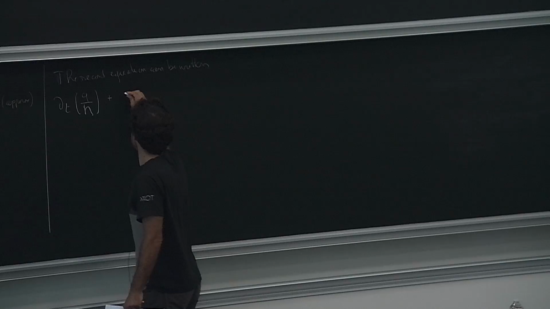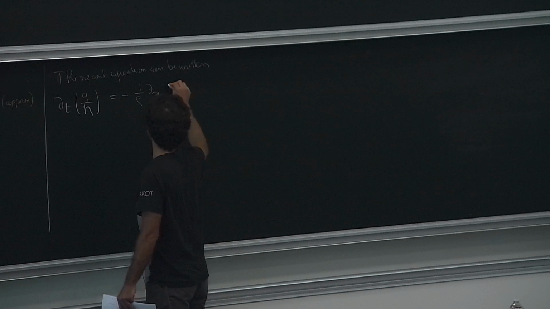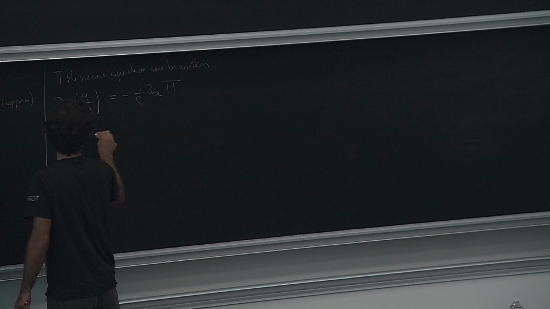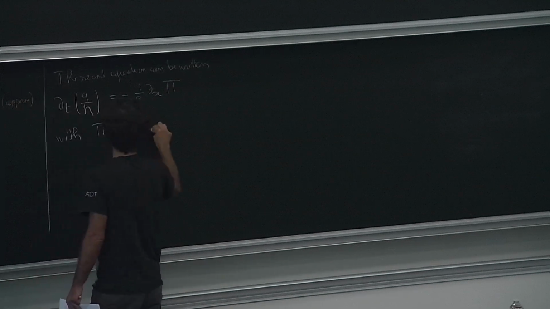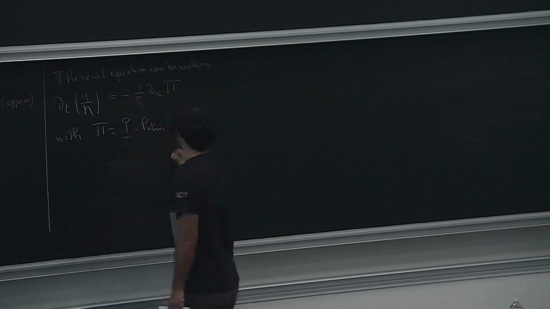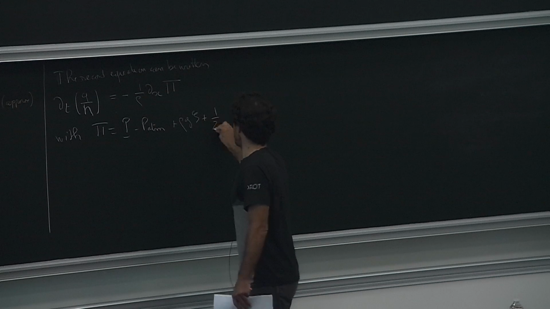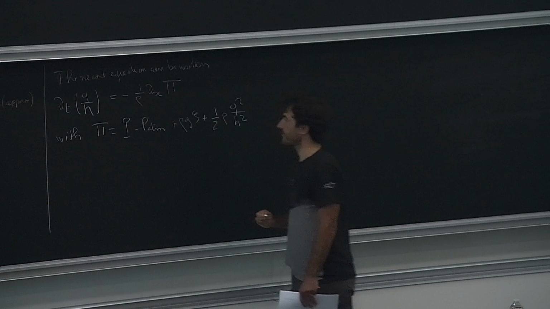It is equal to minus 1 over rho dx of pi, with pi equal to P minus the atmospheric pressure, which is constant, plus rho g zeta plus 1/2 of rho q square over h square.